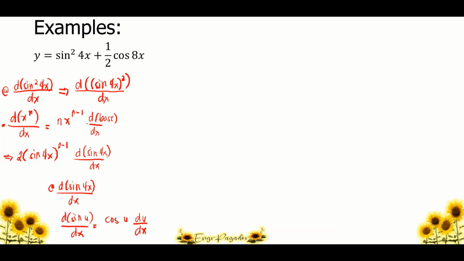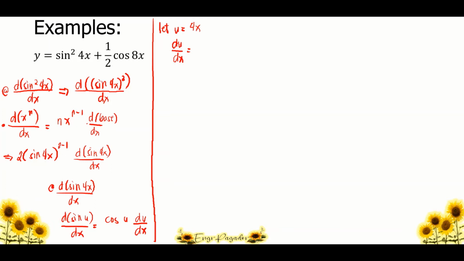Before we can do that, mag-let u muna tayo. So, let's continue here sa other side. Let u be equal to 4x, since ito yung format ng nasa formula. Then kunin natin si du over dx para kung ano man yung value, yun i-substitute natin dito. So du over dx means the derivative of u with respect to x, and u natin is 4x.